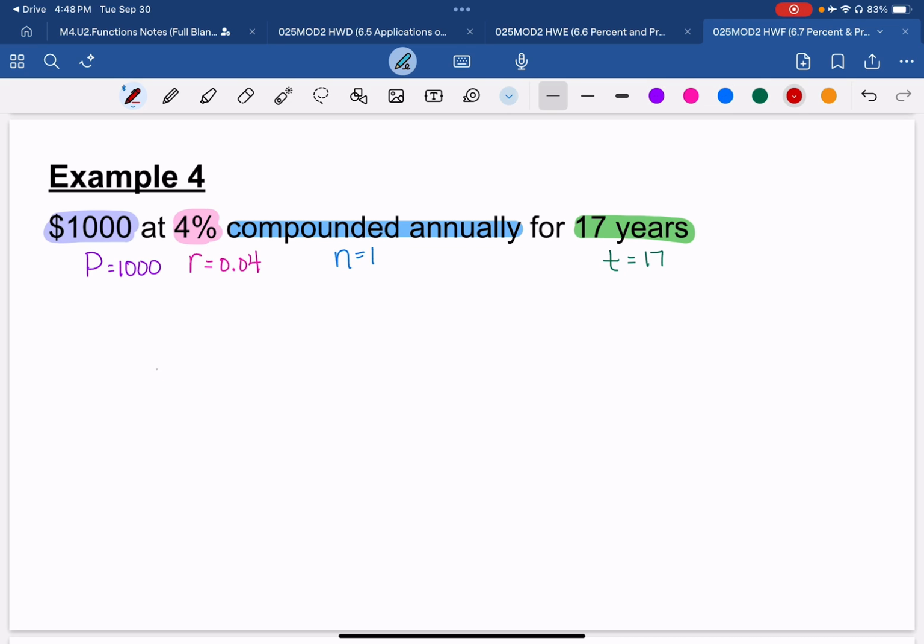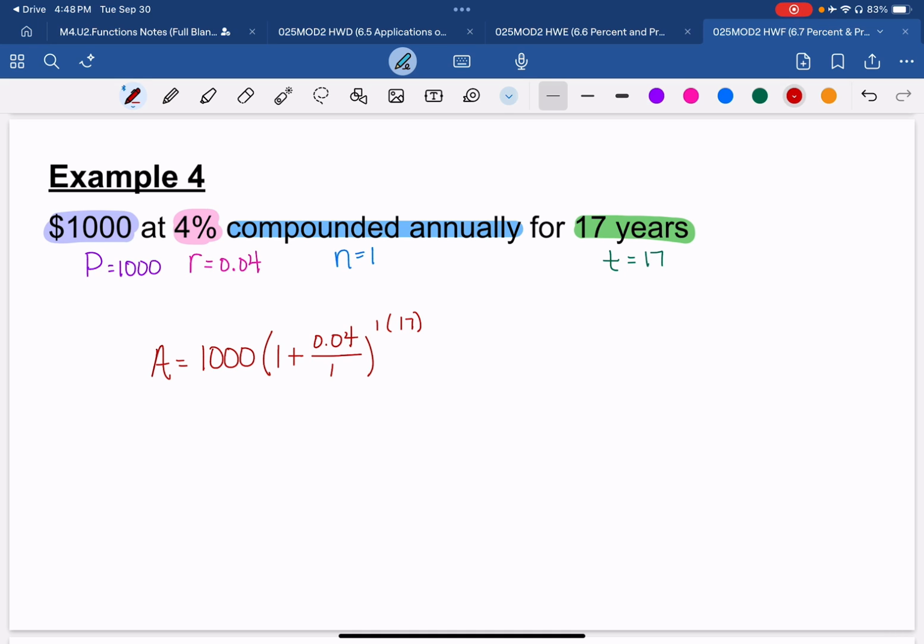And now we have everything to substitute into our formula. So A equals P, which is 1,000, times 1 plus 0.04 over 1. I'm going to put 1 to the 17.